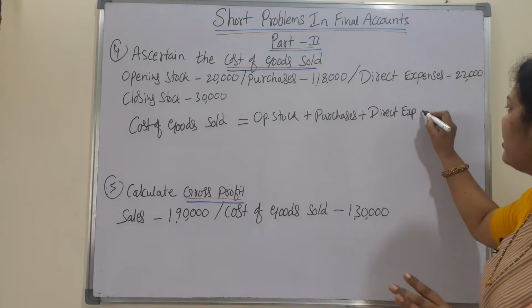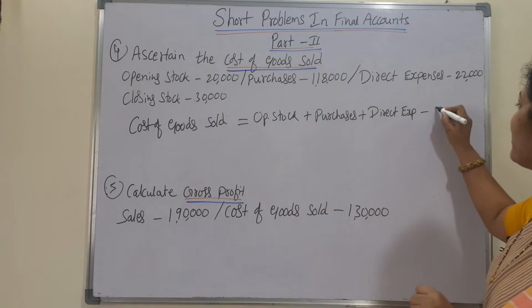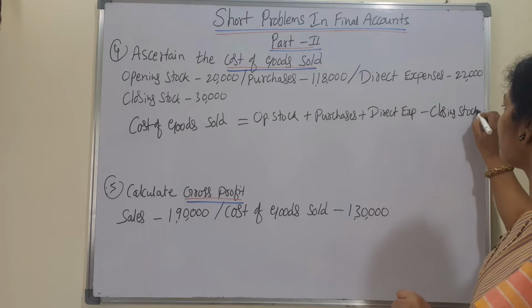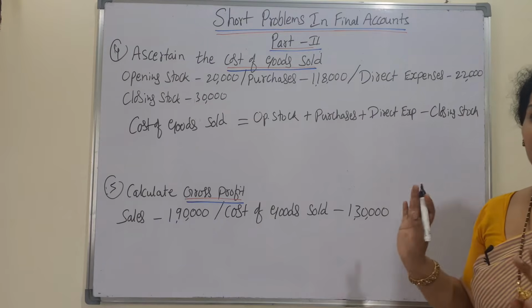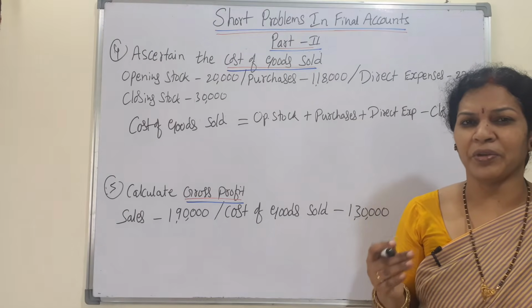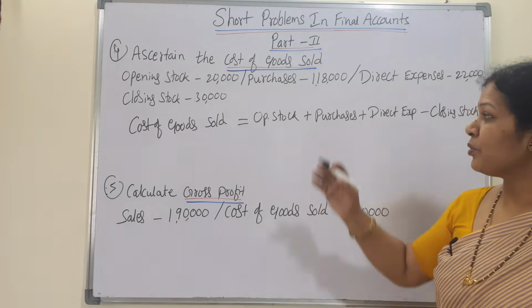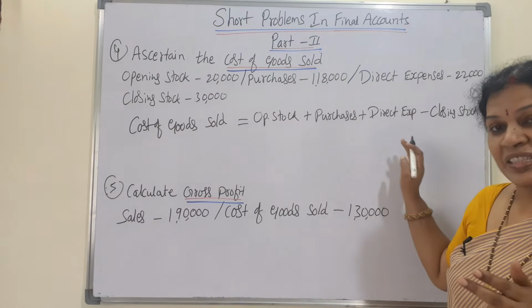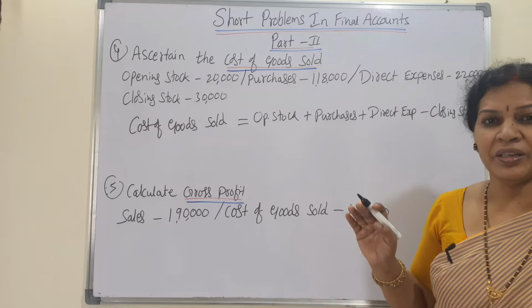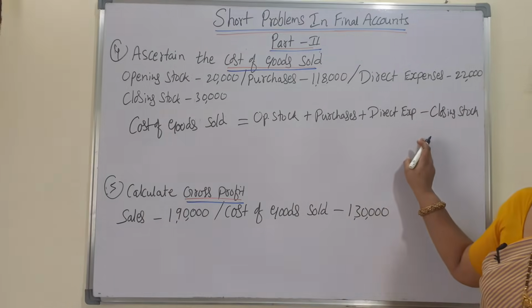Only closing stock we are deducting because it's a credit side item. As per the trading account formula I am writing. And if you want to use logic, cost of goods sold means the cost at which we have sold. So opening stock, purchases, all these things together, and when you deduct closing stock, we don't want closing stock to know the cost of goods sold. That is why we are deducting.